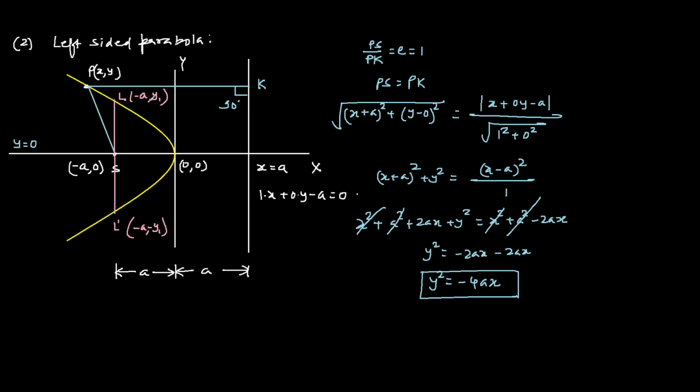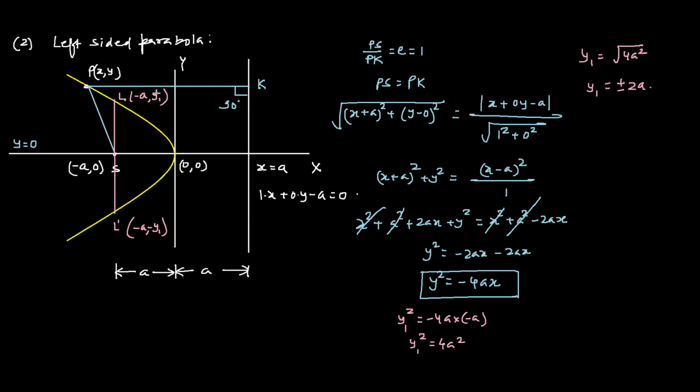So substituting minus a comma y1 in this equation, we have y1 square equal to minus 4a into minus a. So y1 square is 4a square, or y1 is the square root of 4a square. It means y1 has two values, one is positive, another is negative. So y1 is plus minus 2a.